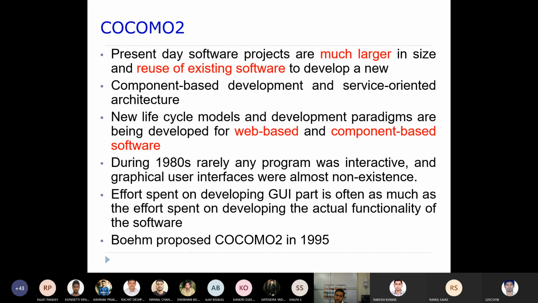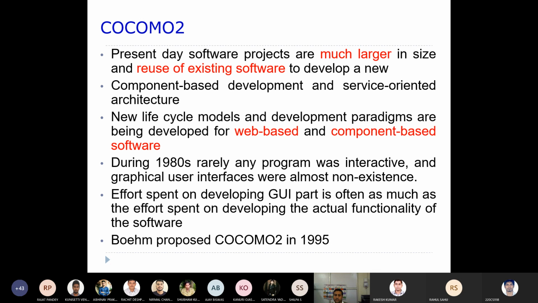New lifecycle models and development paradigms are being developed for web-based and component-based software. Today most software is web-based and component-based, and as a result new lifecycle models are coming up for these sorts of software. During the 1980s, programs were not much interactive.